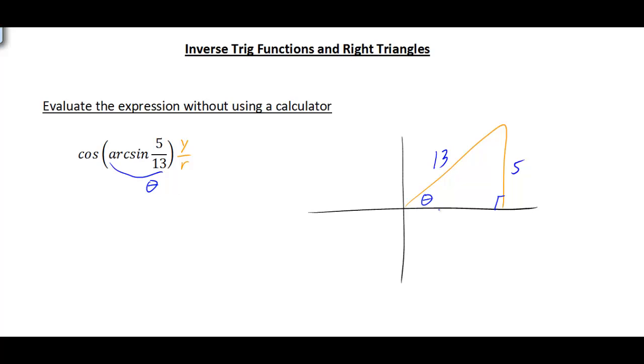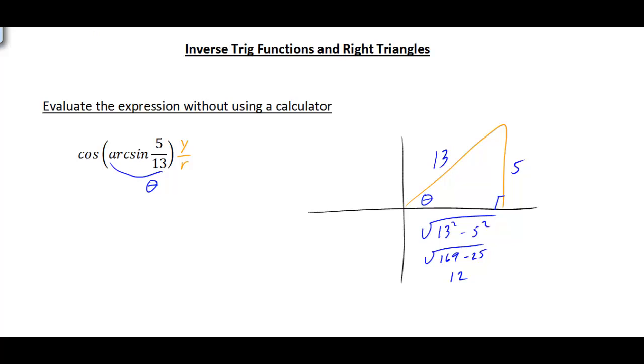And then, of course, we can use the Pythagorean Theorem to find the missing side. So this is going to be the square root of 13 squared minus 5 squared. That would be the square root of 169 minus 25, which is equal to 12. So once again, all we did was use the arcsine of 5/13 to draw and label our triangle.